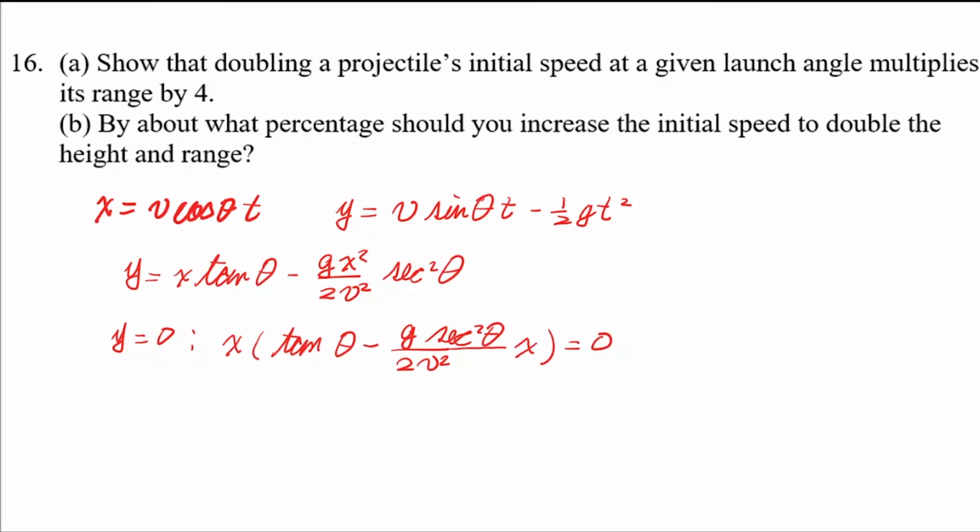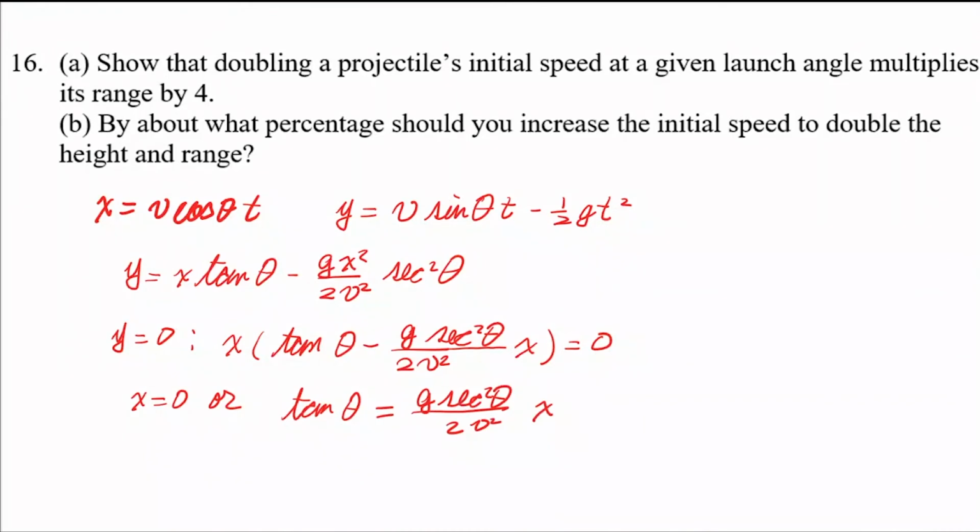Okay, so what we have is x either is equal to 0 or the other one, this, right? So x is equal to, this is equal to that thingy, so multiply by the reciprocal. I fear that will be too much algebra. Let me take my time. So we have tangent theta equals g secant squared theta over 2v squared times x.